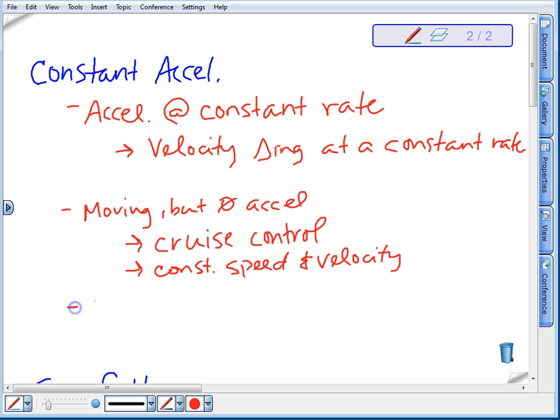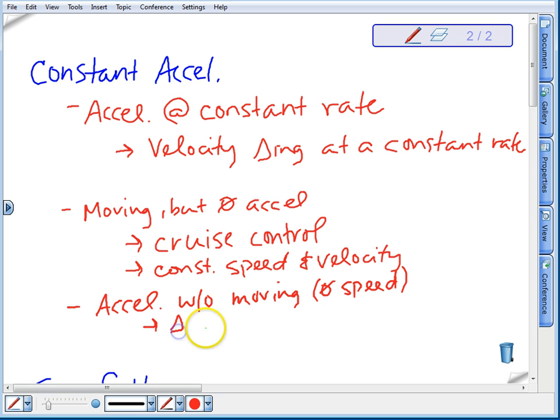But you can also be accelerating without moving, meaning that you would have a 0 speed. You can do this by changing directions. Think of a ball at the top of a throw.